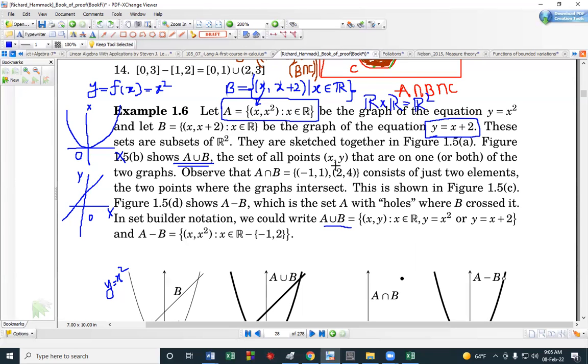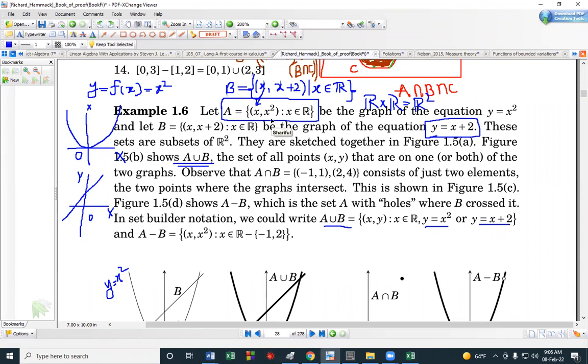So if we unite them, we'll get the set of ordered pairs such that the second element is 2 more than the first element, or the second element is the square of the first element. Y equals x square means the second element is the square of the first element.